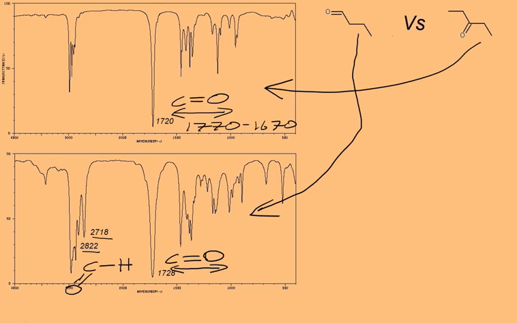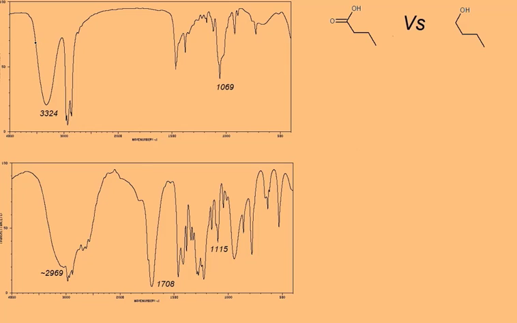Again, let's take a look at some more. The first peak we see is this big, broad thumbprint peak at 3324. That's right in the range we expect for an oxygen to hydrogen stretch when it's part of an alcohol.